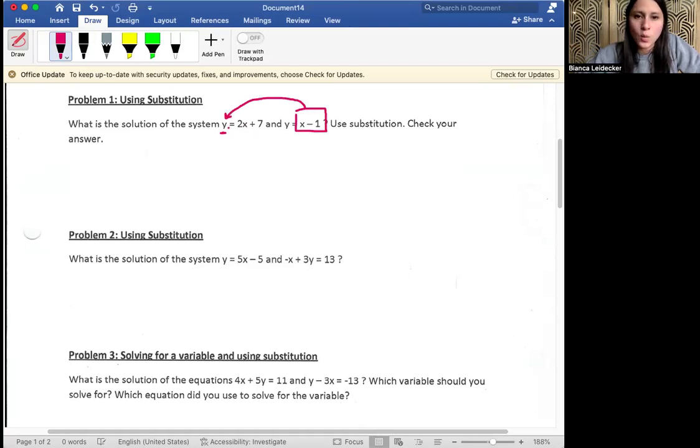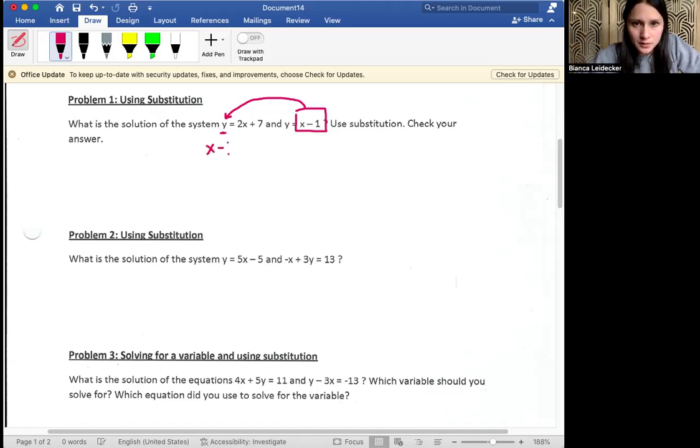Because if I know that y equals 2x plus 7 and y equals x minus 1, basically what I'm doing is substituting this whole expression in place of y.